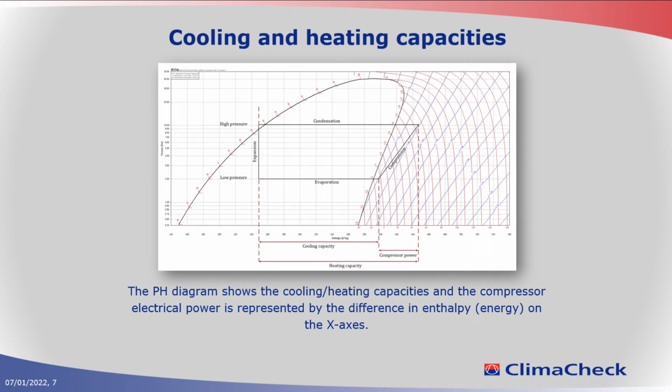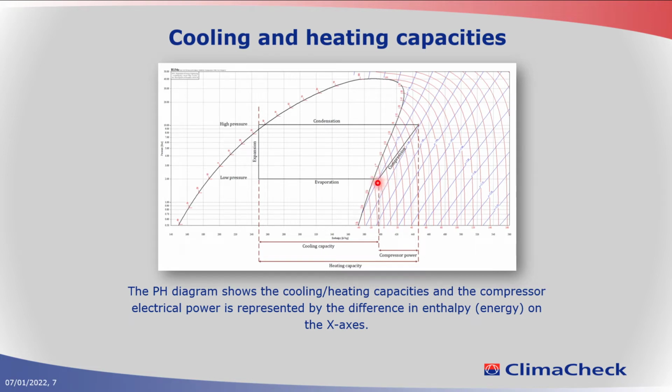If we then look at cooling and heating capacity, I said we had the evaporator and the condenser here, and that moving left to right or right to left, we are either adding or removing energy. This means that we can now see or estimate the cooling and heating capacity from this pH diagram. From this point here to this point here, which is the suction of the compressor, you have your cooling capacity.